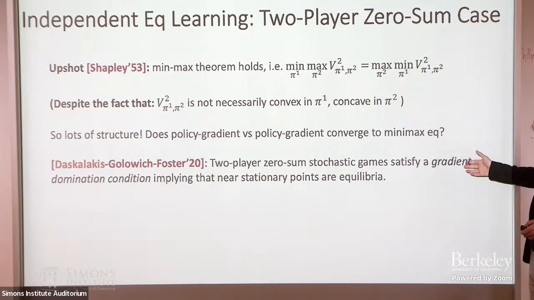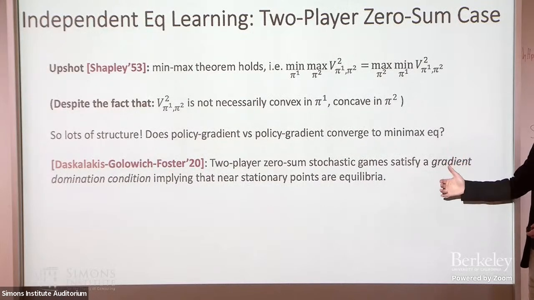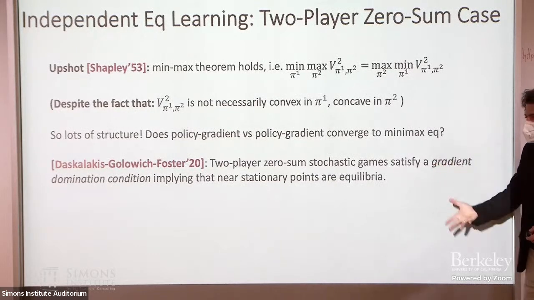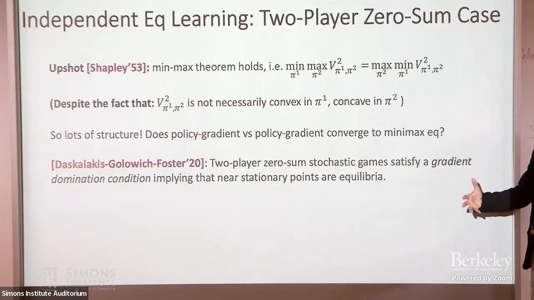In a paper with Noah Golowich and Dylan Foster last year, we show that the type of structure that you can exploit to argue that gradient methods work is a type of gradient domination condition that allows you to argue that if you find stationary points, your duality gap is small. This is roughly what's taking place.